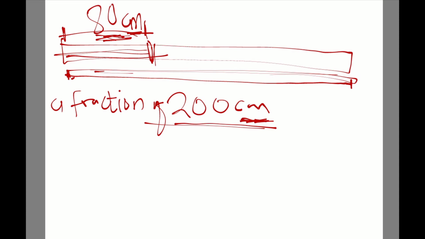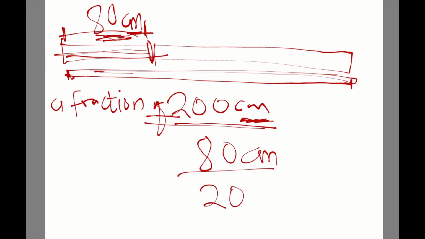Take note of that. So expressing quantity A as a fraction of quantity B, we do quantity A over B. From this scenario, we do 80 centimeters over 200 centimeters.